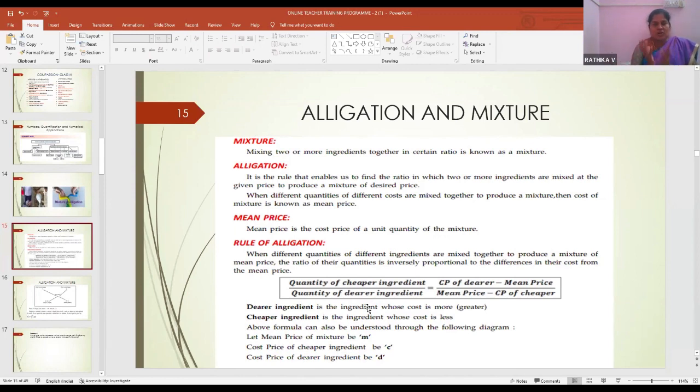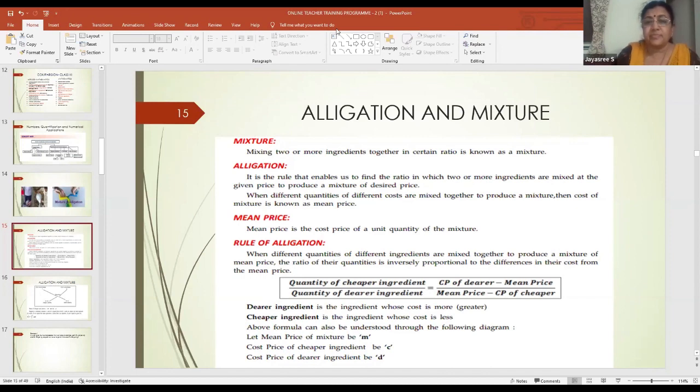The ingredient which is costlier, we call it dearer. So dearer means it is an expensive one. So the cost of the dearer amount, and another one the cheaper amount. So the cheaper ingredient can be water or anything. So the mean price of a mixture is denoted as M, and the cost price of the cheaper ingredient, we are using the letter C.